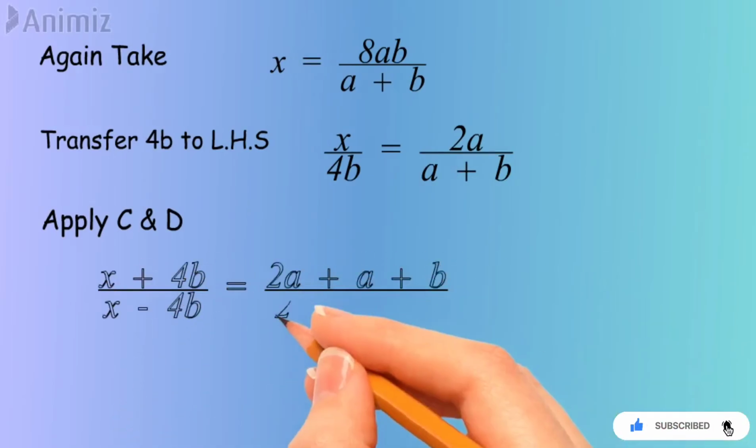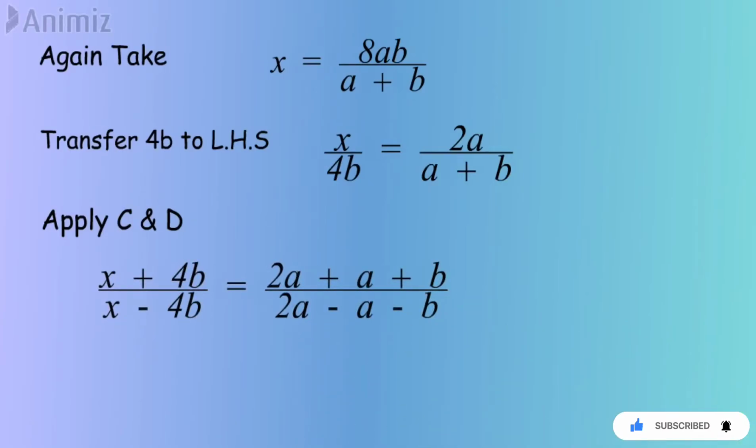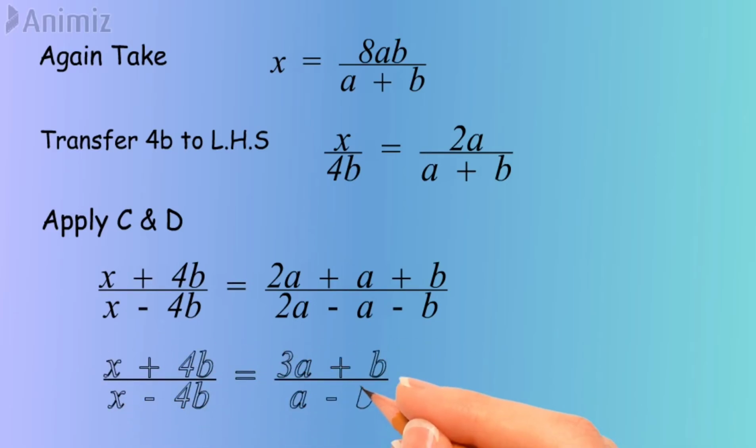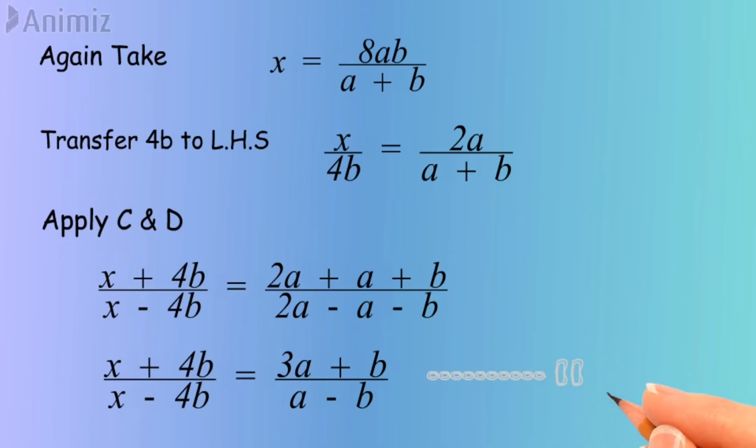Only you have to keep in mind, in the denominator, it should be minus a minus b. Now simplify the right hand side. Left hand side will remain as it is. On the right hand side, you will get 3a plus b upon a minus b. Again, this part we will consider as second and we will utilize further.